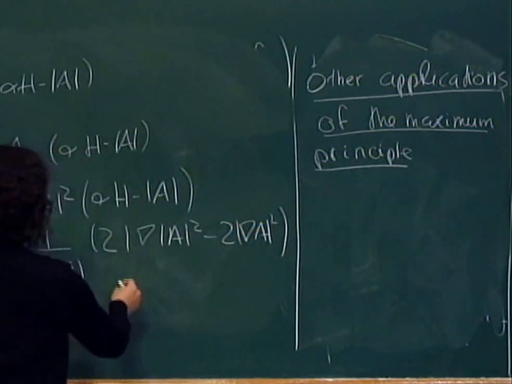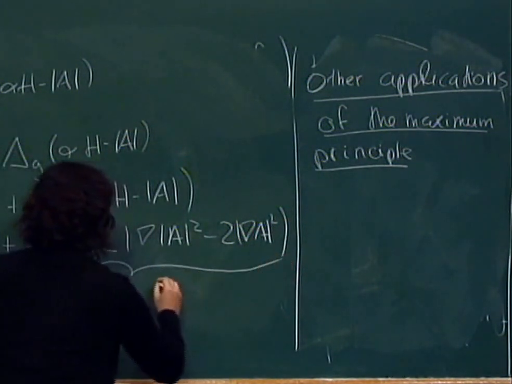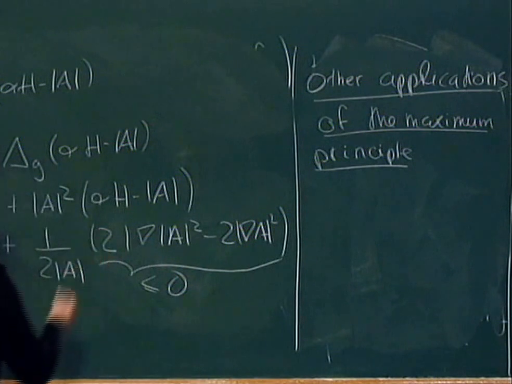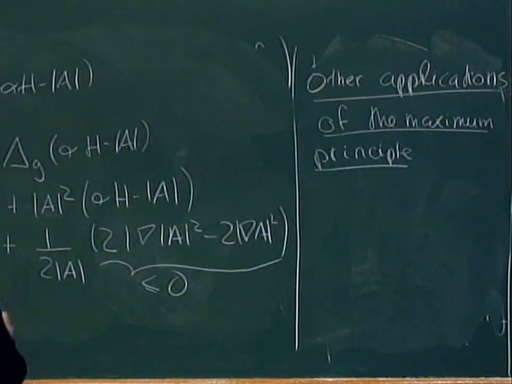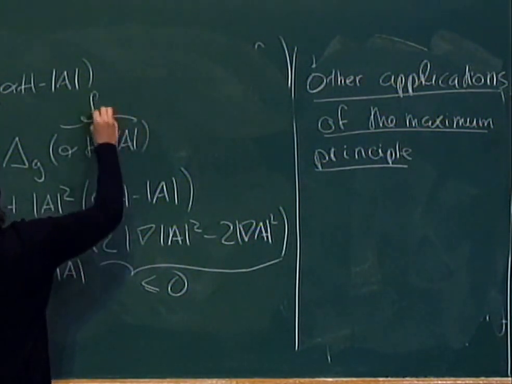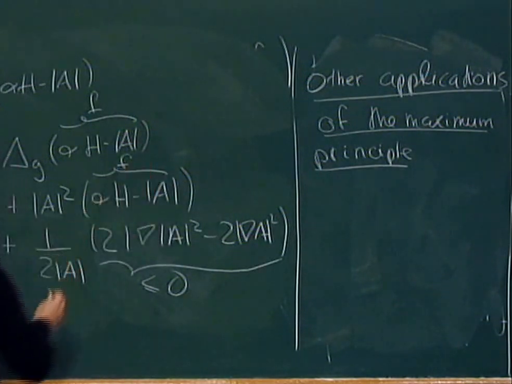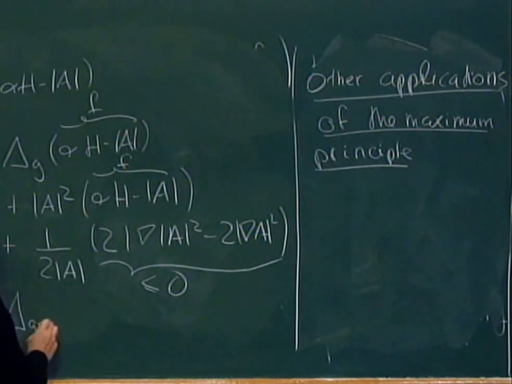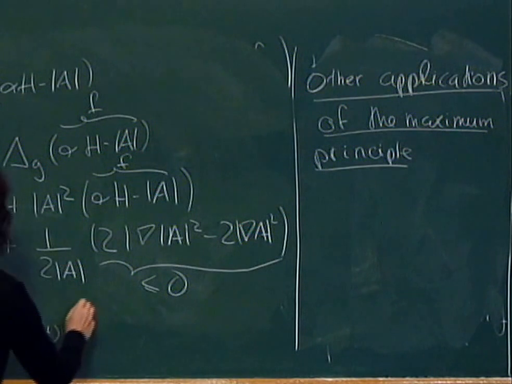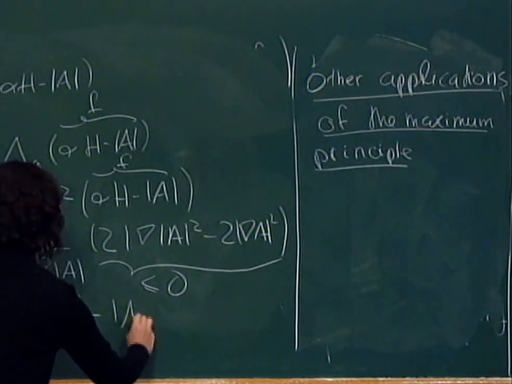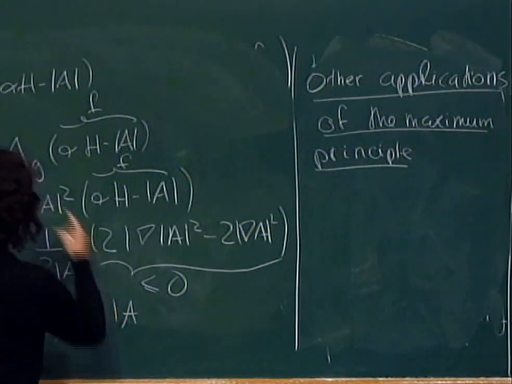And actually, it's possible to show that this has a sign, that this is always negative. So this is less or equal than, let me call this f so I don't have to write it every time, less or equal than delta g of t of f minus a squared times f, or plus a squared times f.